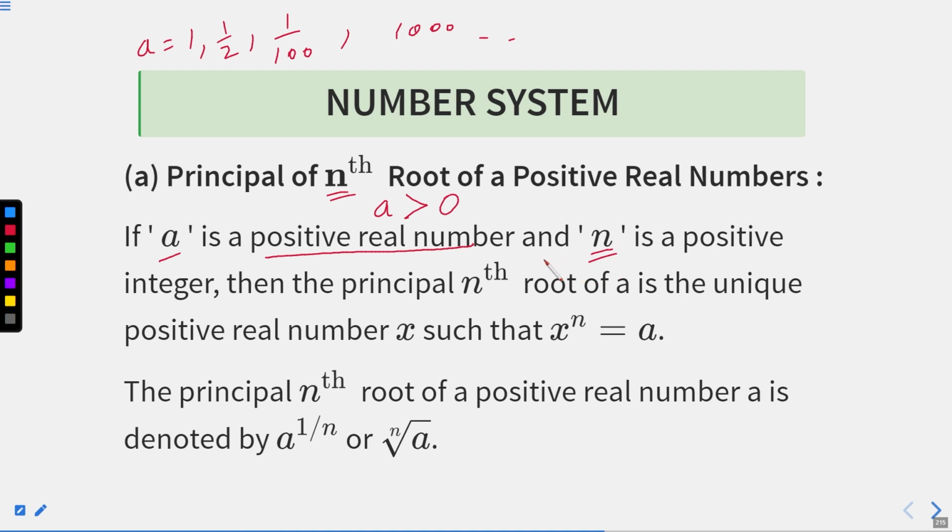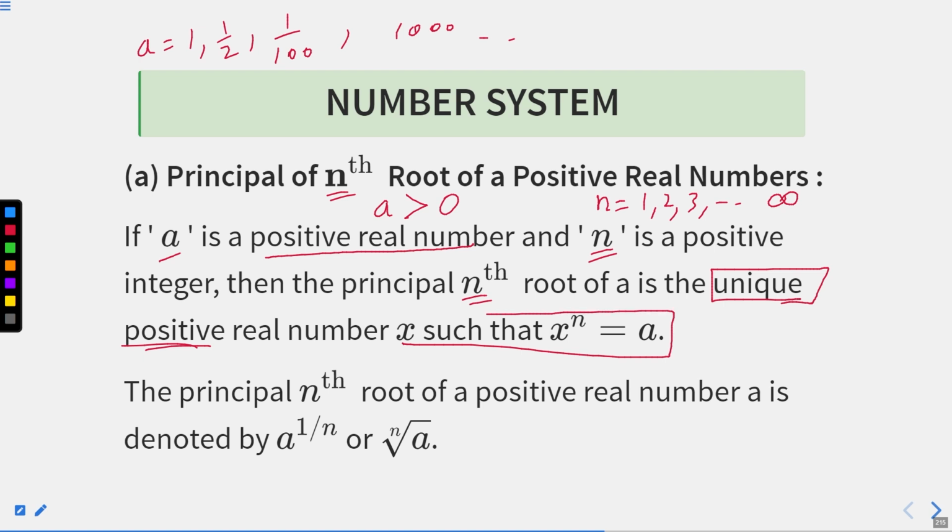So n can be 1, 2, 3 and so on till infinity. Then the principal nth root of A is unique. Do remember this, it is the unique positive real number x such that x raised to the power n is equal to A. I hope this is clear, or let me take an example to make it more clear.